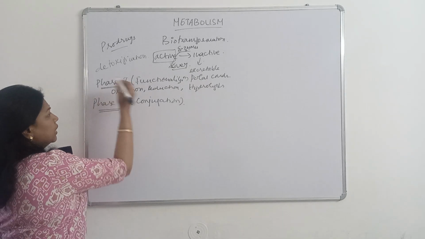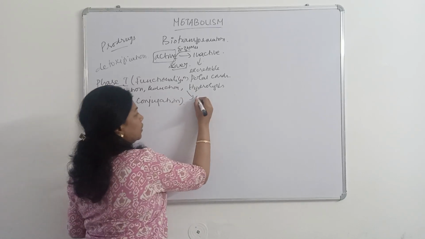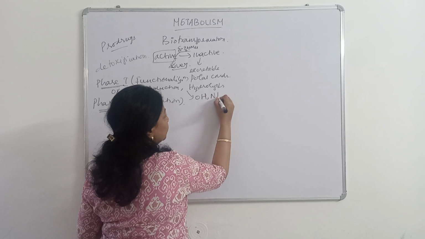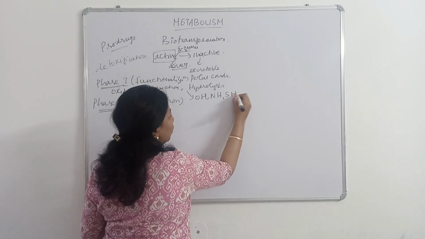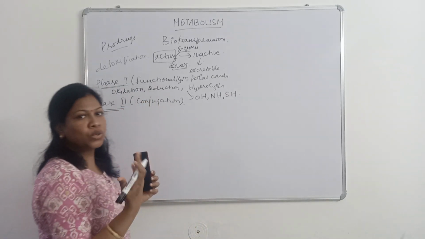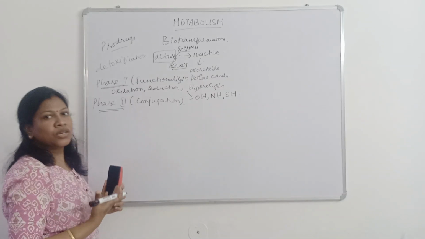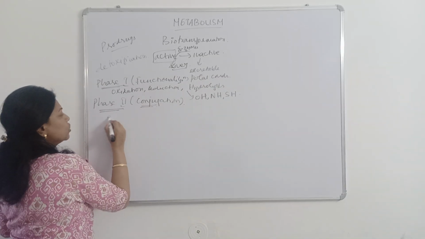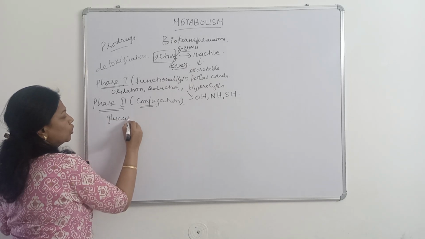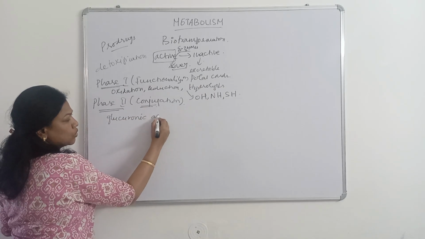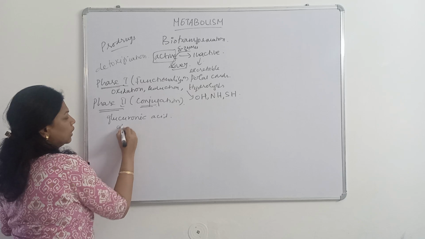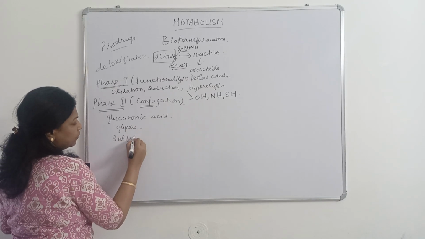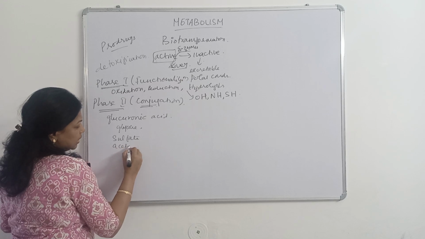So mainly the drug will attain either an OH, NH, or SH group to be eliminated from the body, or otherwise conjugation, either with glucuronic acid, or it can conjugate with glycine, or with sulfate, or with acetate.